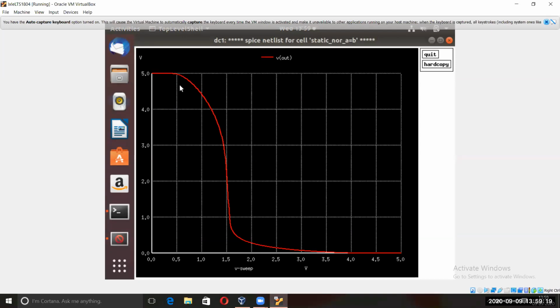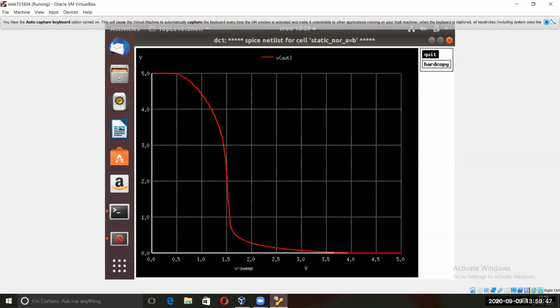So I said WP equals W of the inverter. In this graph, this part was less, and here it is increasing. If you increase the WP, the width, this part is increasing. That much I said.